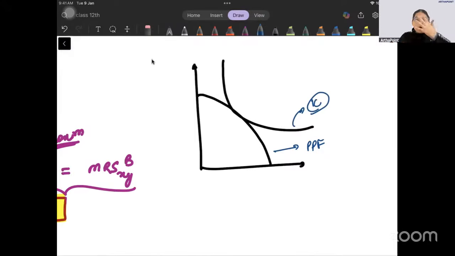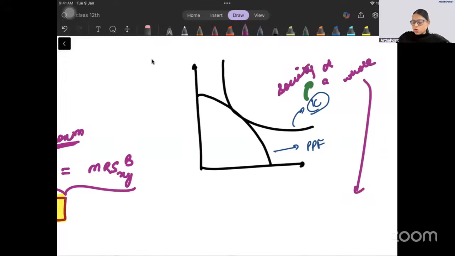Sometimes I can also draw a general IC. माने ये मेरा this indifference curve can represent the indifference curve of society as a whole. And we know what this is called. इसको हम social welfare function बोल देते हैं.